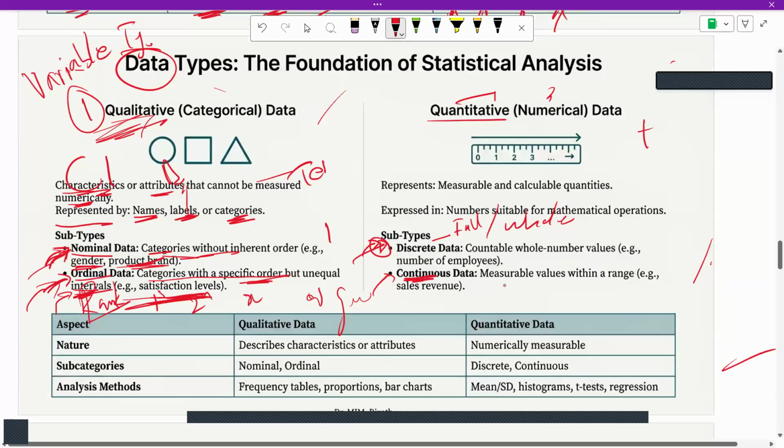Continuous means measurable, like kilogram, weight, height. So the first one, discrete data, are countable whole numbers, for example number of employees. And continuous data are measurable values within a range. Example, sales value in the range 1 to 5, it takes any value. So that is continuous data.